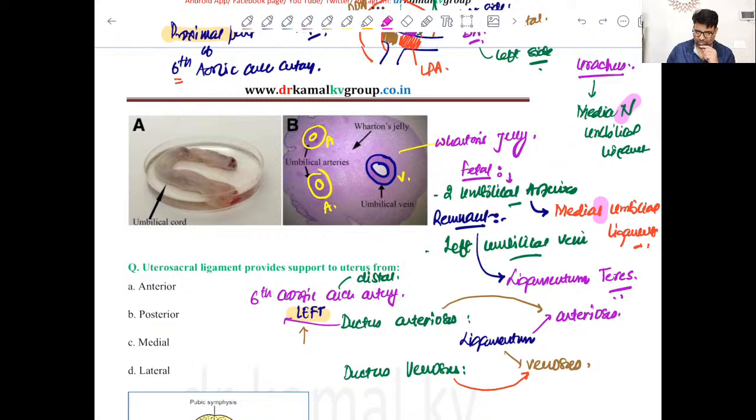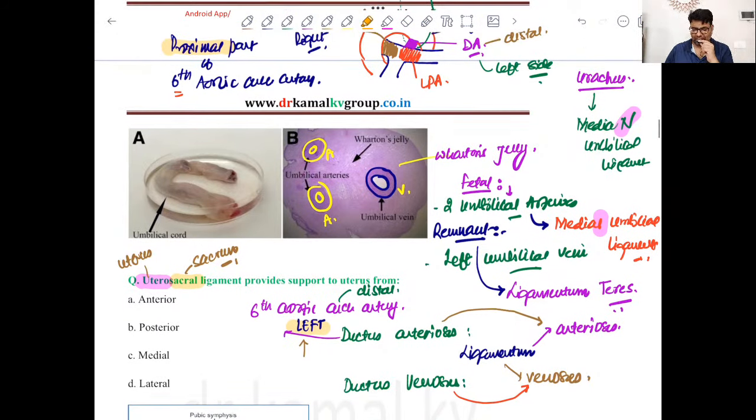So the next question is about the uterosacral ligament. Now, as the name suggests, utero is uterus, sacral is sacrum. So I think all of you can answer what is the location of this ligament, and which part of the uterus it is supporting. Yes, wonderful.